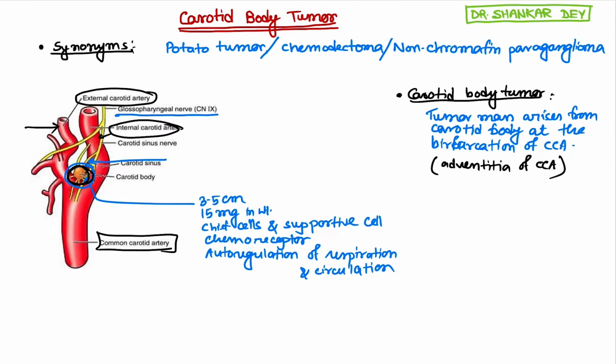So this is the origin. Normal carotid body is derived from neural crest, which is essential for adaptation to fluctuation in oxygen, carbon dioxide and pH level. This carotid tumor can be sporadic; mostly it is sporadic in nature.